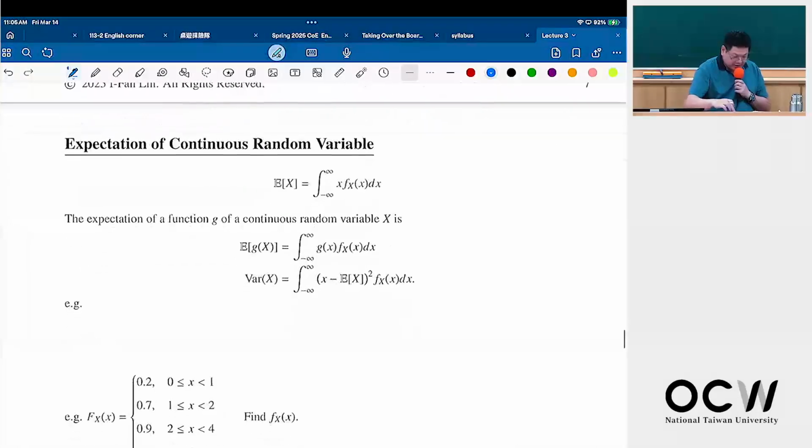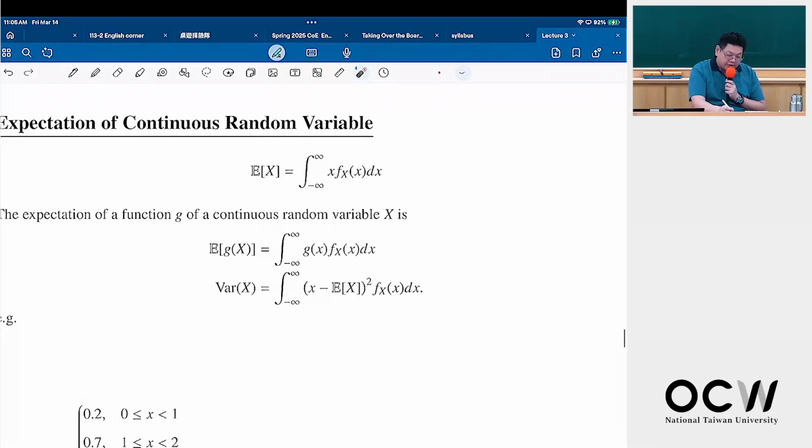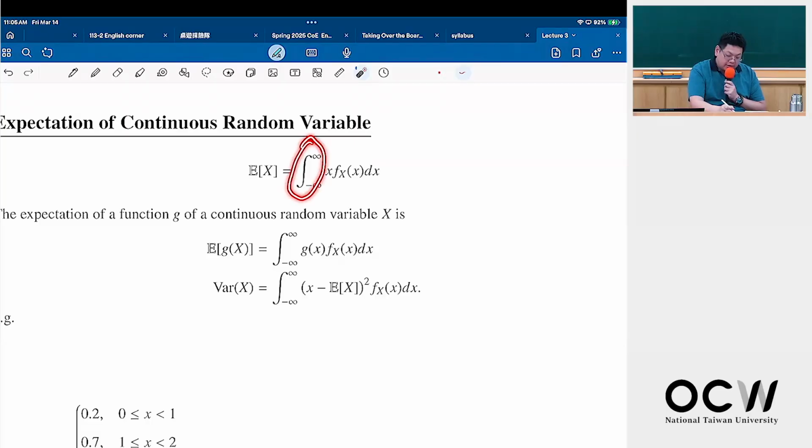So the next one is the expectation. Same concept. What is the expectation? I consider all possible outcomes times their corresponding values. So for the continuous case, all possible becomes the integration.